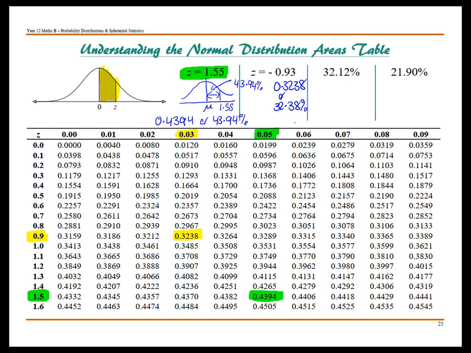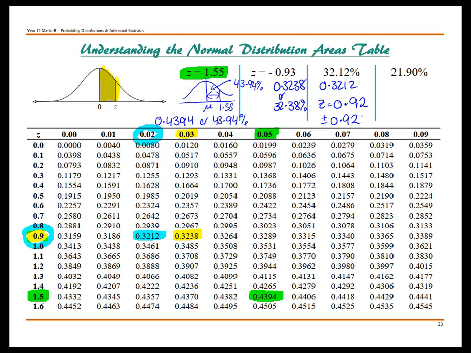Okay, now the next two are giving us the proportion. So what we need to do now is find those proportions within our table. So we're looking at our table for 0.3212. So we look within the middle, and we've got 0.3212 here. So the corresponding Z-score is 0.92. So Z equals 0.92. Okay, that could be plus or minus 0.92.